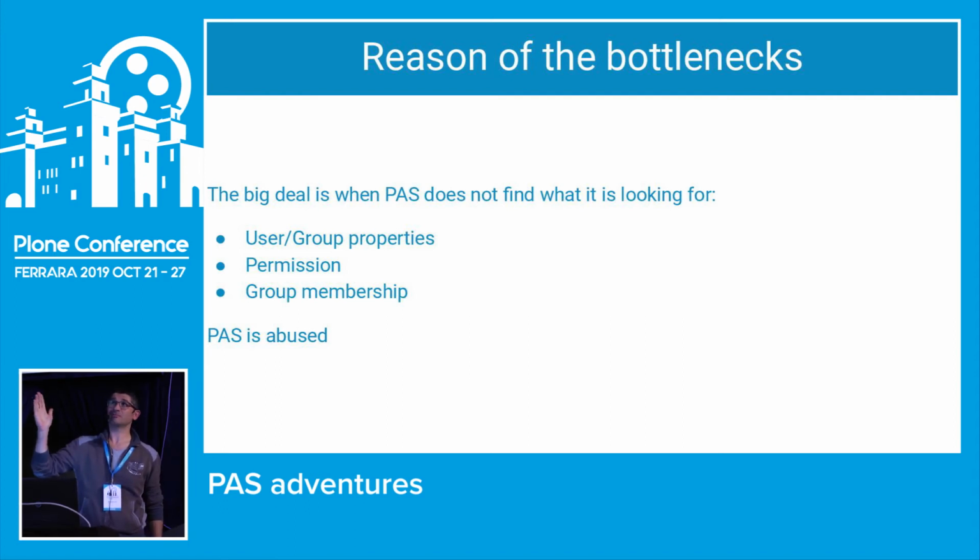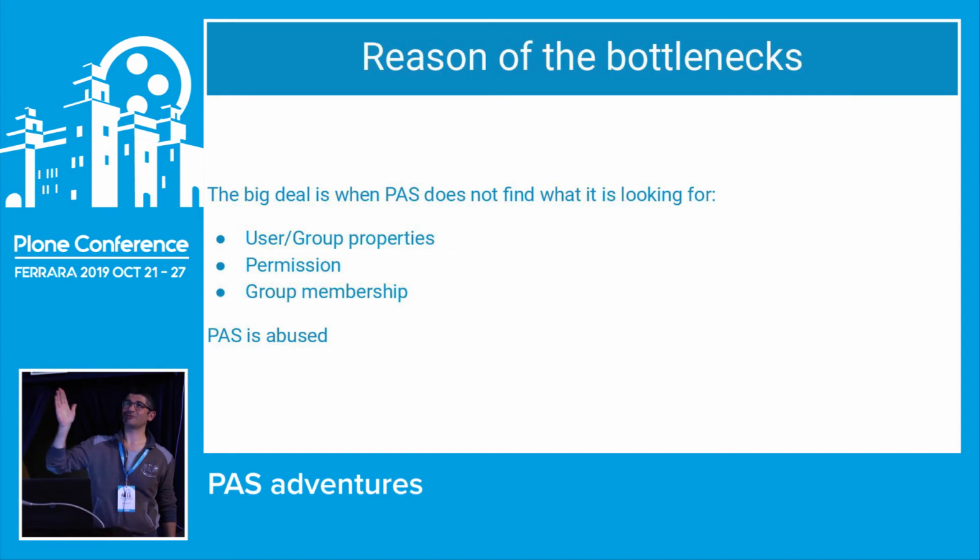because PAS thought, okay, I have this group ID, I should ask LDAP for information about it. I should ask Membrane for information about it, and I should ask all the other group plugins for information about it.